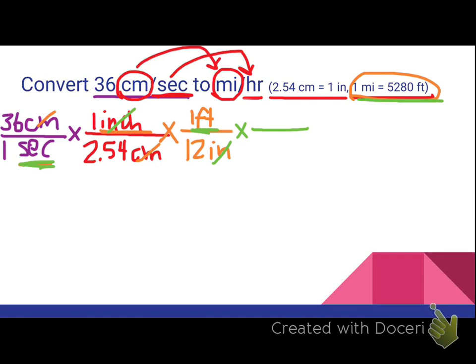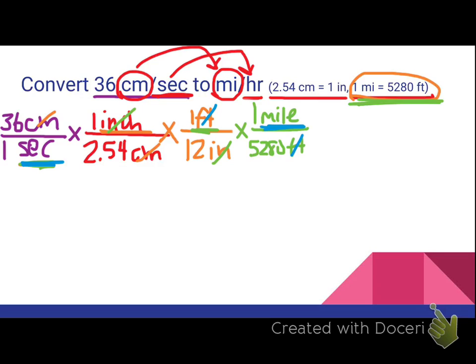But now we can use this equivalent statement provided for us to get 5,280 feet in 1 mile. So what units cancel? Feet cancel, and I would be left with miles per second.